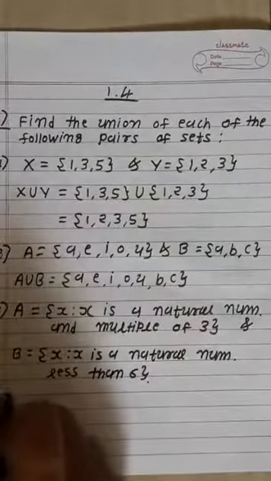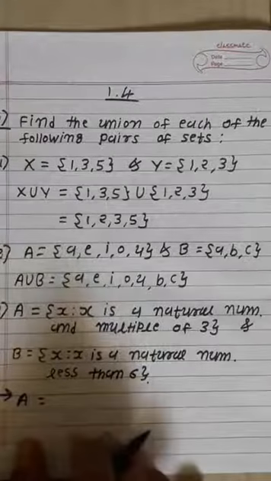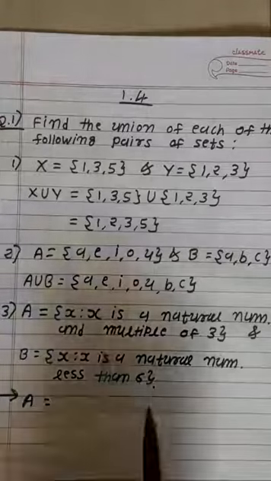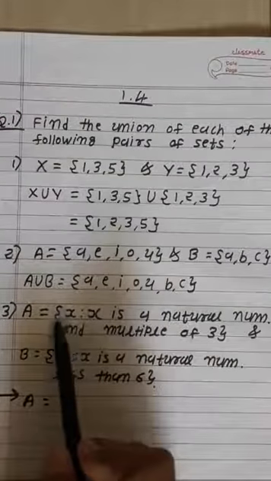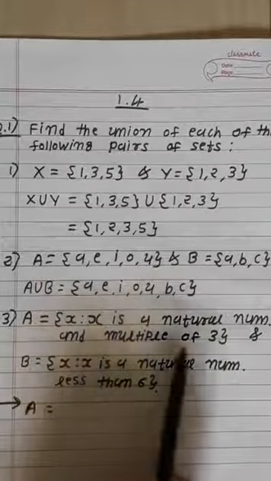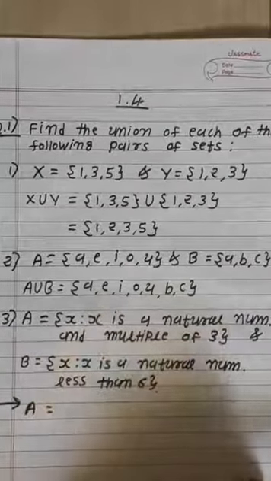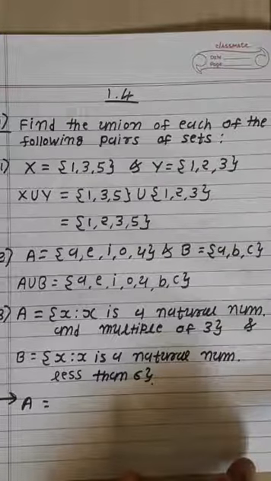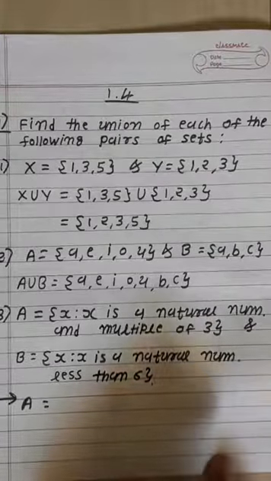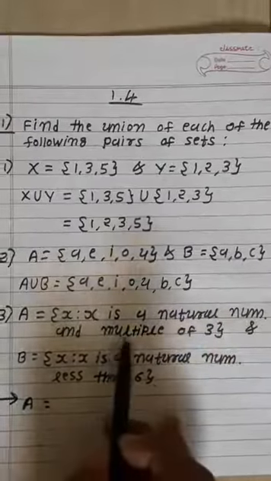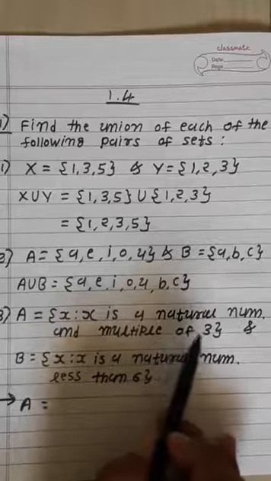So in set A, first of all, a condition is present: x is a natural number and a multiple of 3. We know that natural numbers are 1, 2, 3, 4, 5, 6, 7, 8 and so on, but one more condition is present: multiple of 3.